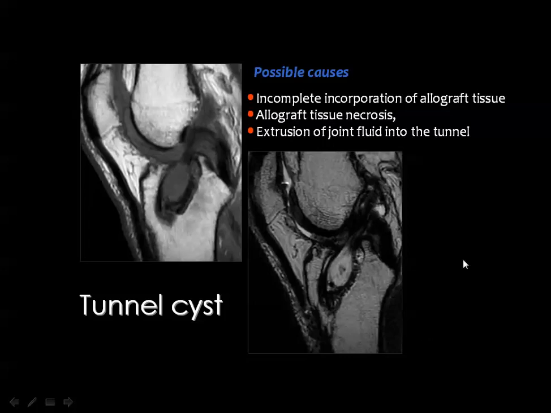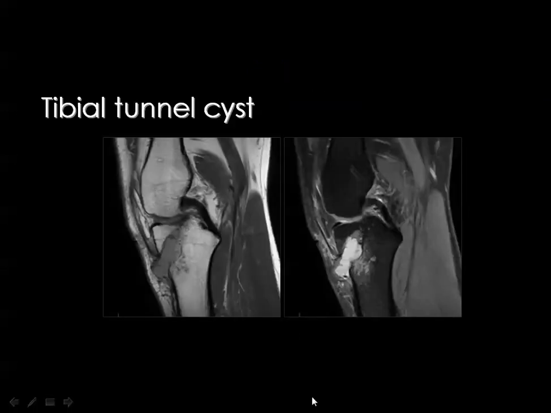And the synovial effusion may find its way into one of the tunnels, and it will collect here and form what's known as the tunnel cyst. And this is an example of tibial tunnel cyst, intermediate signal in the proton density image and bright signal in this T2 fat suppressed image.